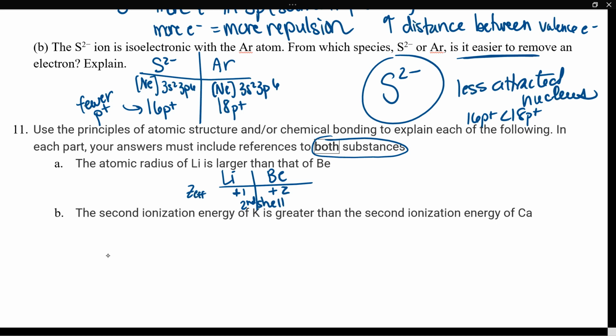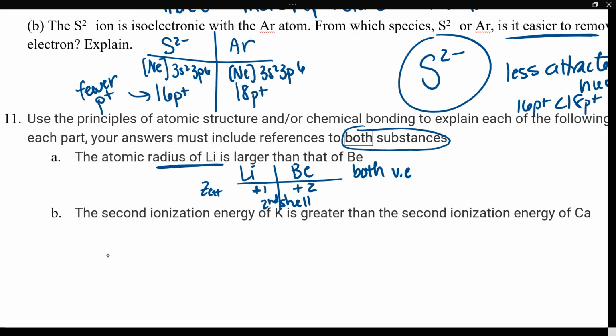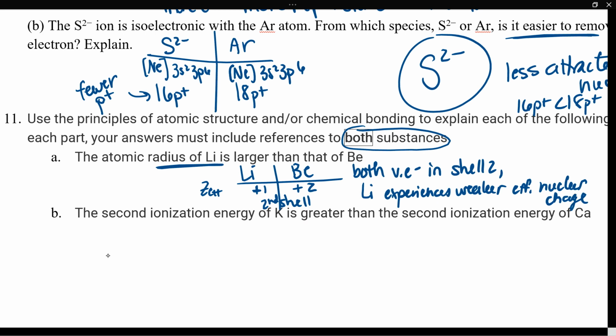So the reason why lithium has a larger atomic radius is they both have the valence electrons in shell 2, but lithium experiences a weaker effective nuclear charge than beryllium does. So therefore, it's not going to hold its electrons in as tight, so it ends up with a larger radius.